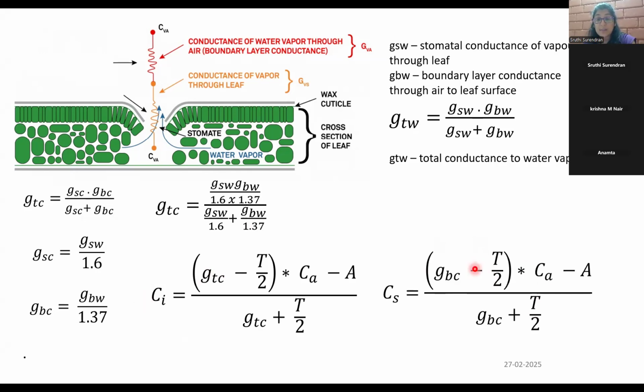In the same way, it also estimates the carbon dioxide concentration on the surface of the leaf, and it is a function of this boundary layer conductance to carbon dioxide, minus the rate of transpiration into the ambient carbon dioxide concentration, minus the net assimilation rate. So if the instrument needs to find the carbon dioxide concentration at the surface, it needs to know the boundary layer conductance to carbon dioxide also. And to know that, we should know the boundary layer conductance to water, which is then converted to boundary layer conductance to carbon dioxide and used in this equation to find the carbon dioxide concentration on the surface.